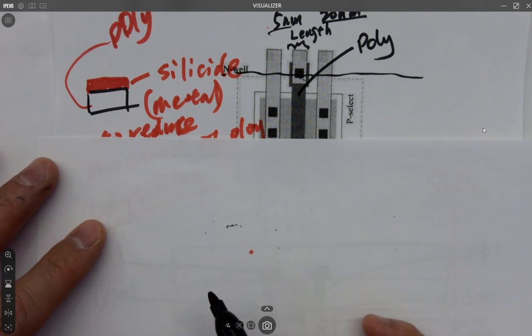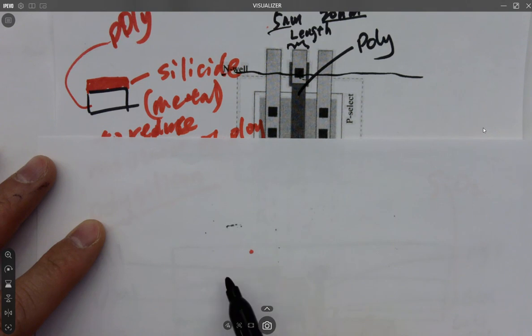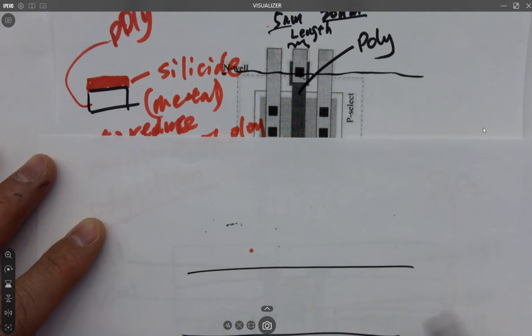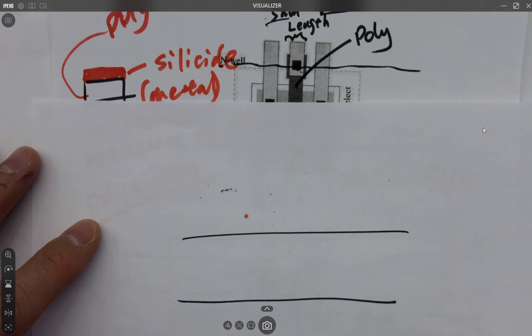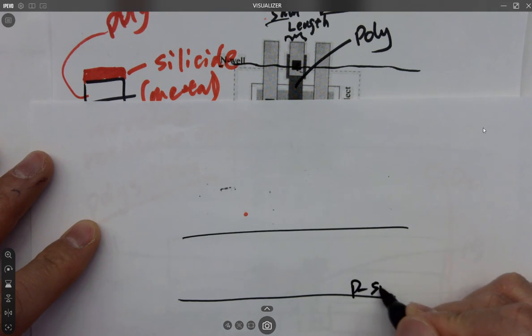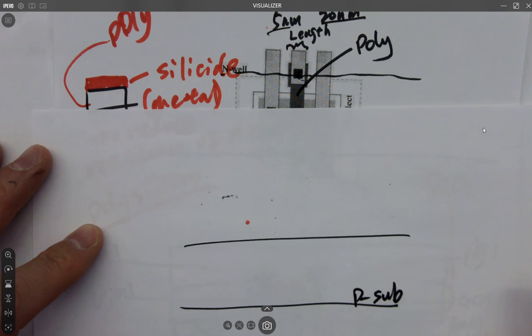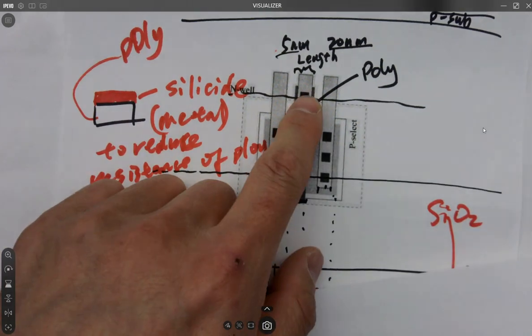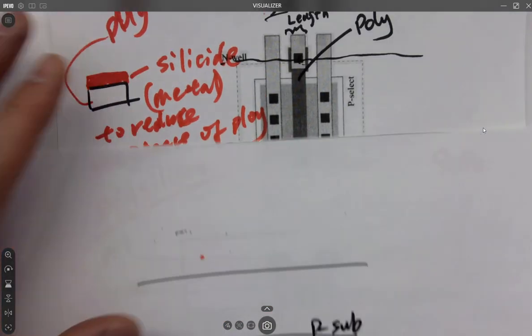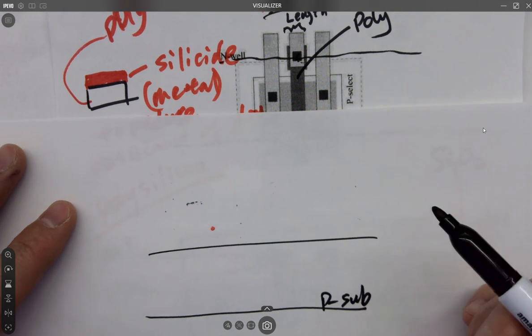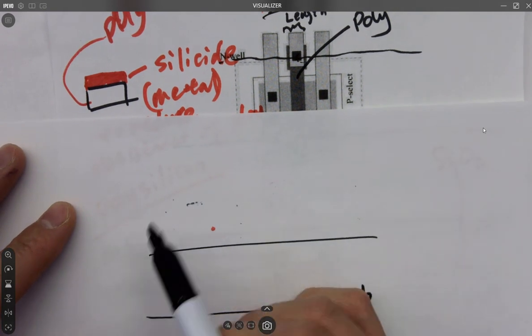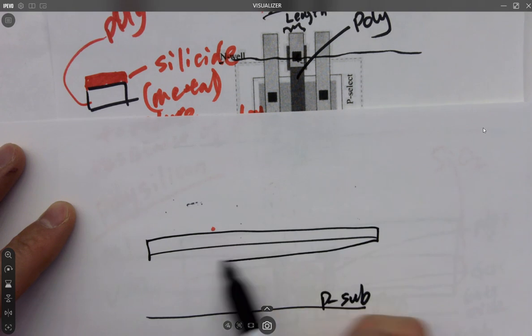Do you have diffusions or no? Do you have any P plus or N plus? You have it here, but not here. Okay, so do you have Fox? Yes, there's no PX to open up the Fox, so there will be a Fox over here.